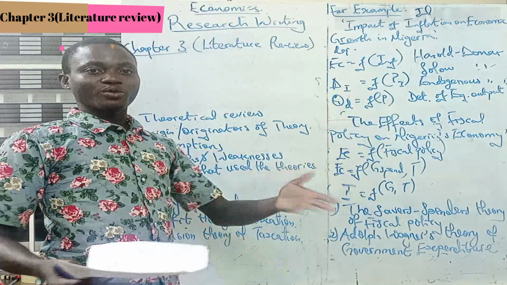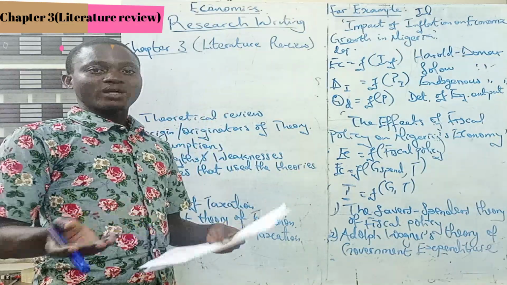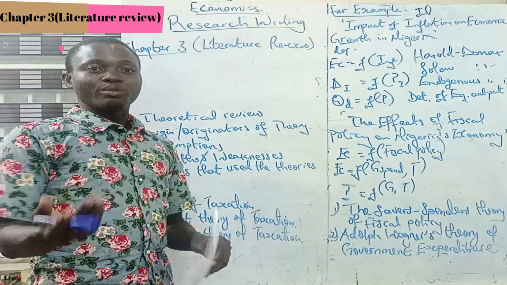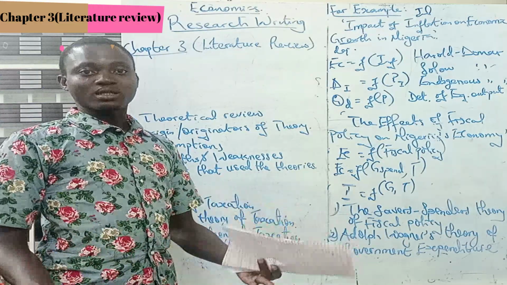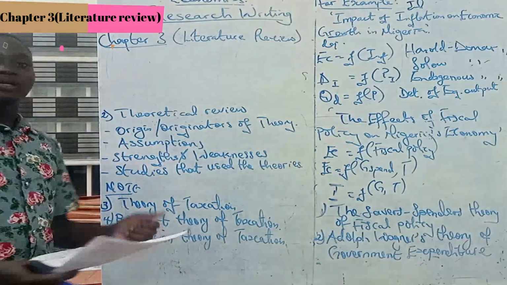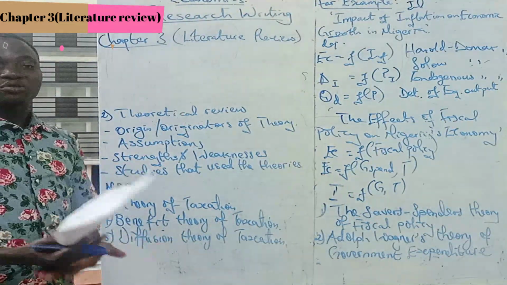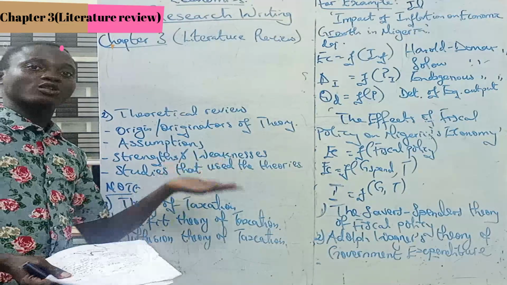Alright, normally endogenous growth theory is saying that economies grow based on factors like investments in innovation, investments in human capital and other important factors within a country's economy, right? So trying to look at, okay, how does inflation also impact on Nigeria's economic growth?